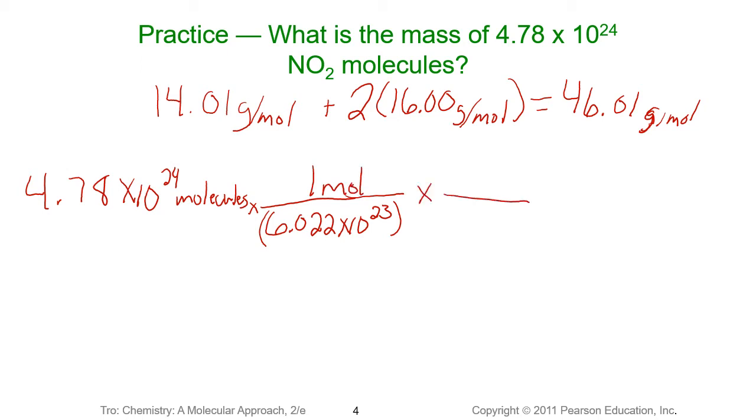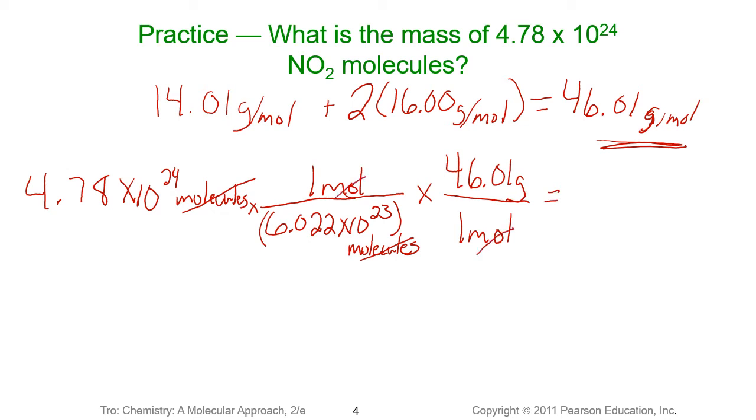Now we can go from moles to grams using our molar mass. So 1 mole on the bottom, 46.01 grams on top, so our units cancel. We end up with 365 grams of NO2. We would expect it to be larger because our value that we started with is larger than a mole, so we would expect it to be larger than our molar mass.